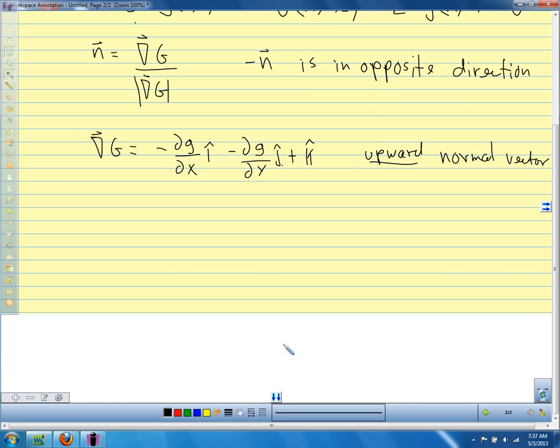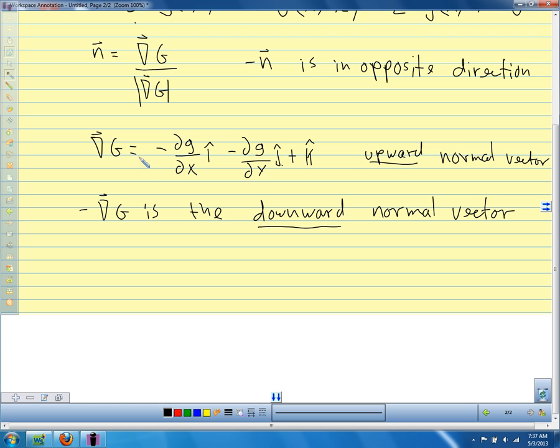So this is our upward unit normal vector, and minus del g is the downward normal vector, because our signs would change and the sign on our k component would be negative.